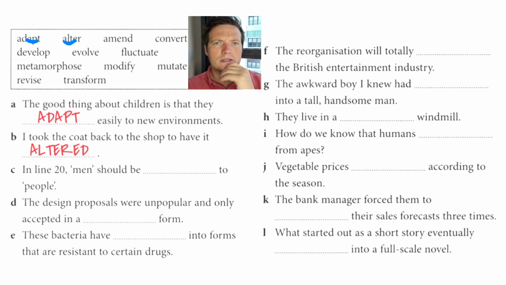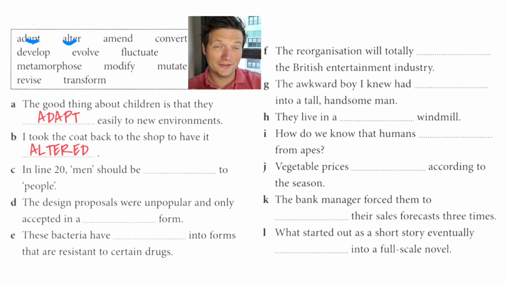Okay, in C, it says, in line 20, men should be, to people. Now, when we're talking about a document, which is I think what they're doing here, they've got it in inverted commas, they're saying I think we should manipulate this document in some way, change it.